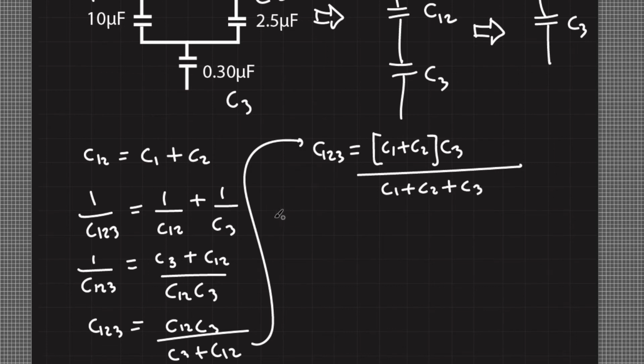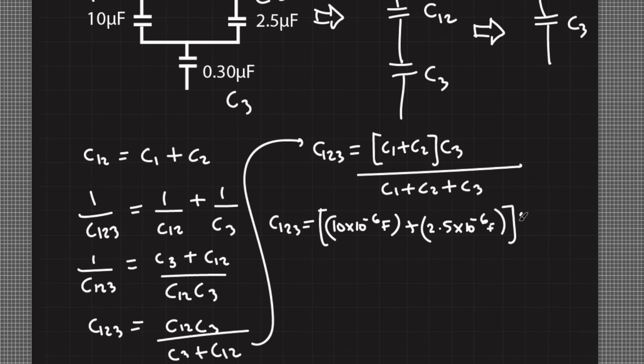Plugging in the values, C sub 1,2,3 equals: C sub 1 is 10 microfarads plus C sub 2 is 2.5 microfarads, multiplied by C sub 3 which is 0.3 microfarads, divided by their sum.